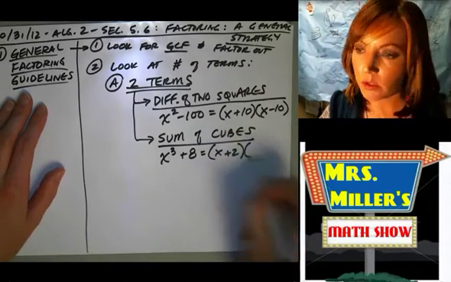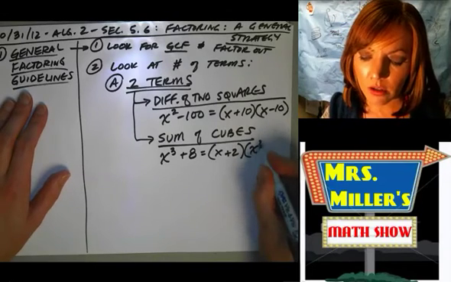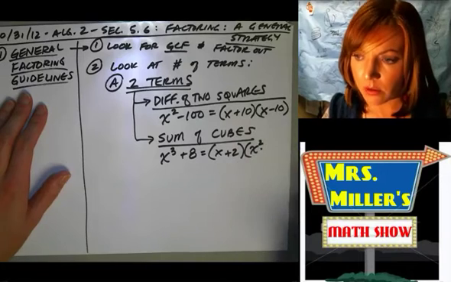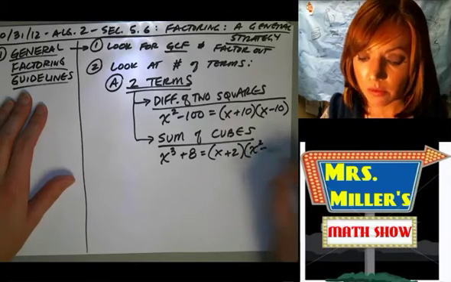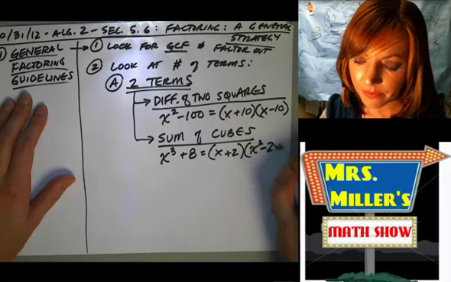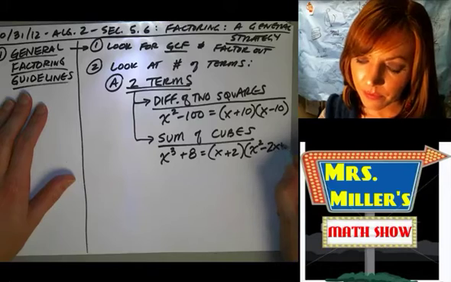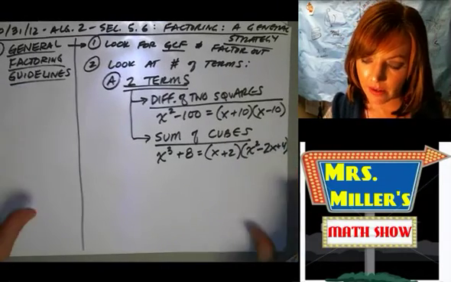Good? x squared, good? Plus... It's minus. Good. Minus 2x. Good. Plus 2 squared. And what is 2 squared? 4. Excellent. Everybody give it up for Thane. Nicely done, Thane. All right.